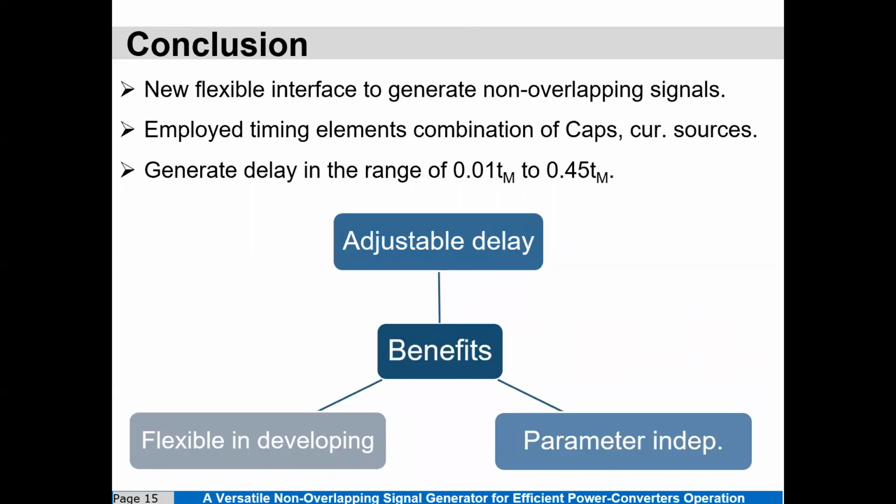As a conclusion, we proposed a new flexible interface to generate non-overlapping signals for switched capacitors and power converters. The traditional non-overlapping signal generator method utilized logic gates and inverters to create a delay, while the proposed approach, named VNOSG, employed timing elements, a combination of capacitors and current source.